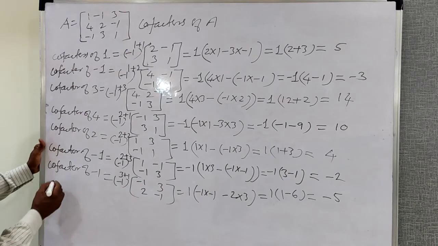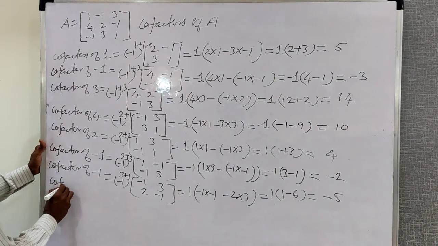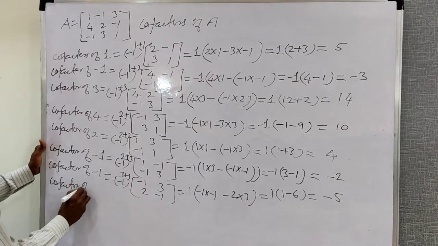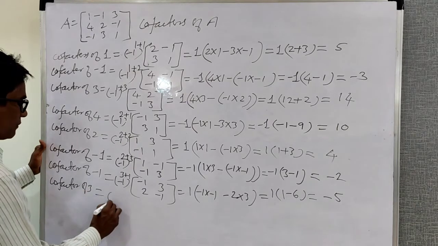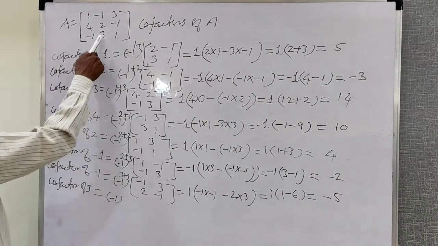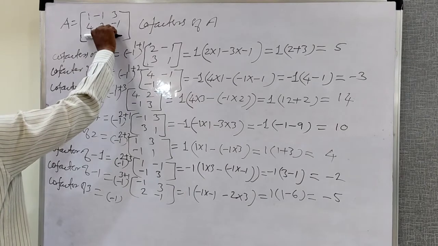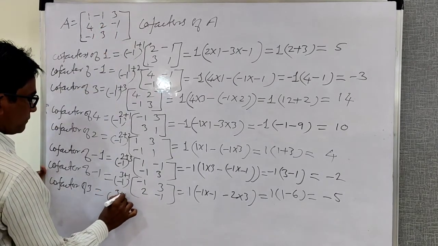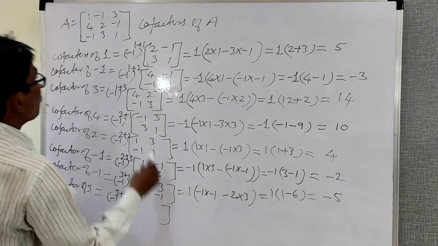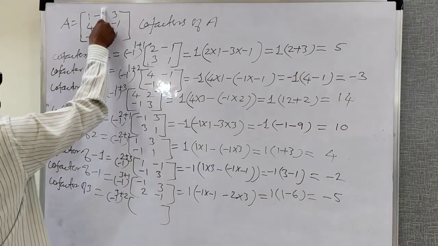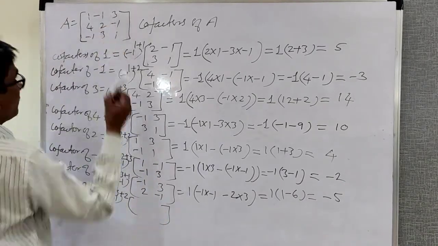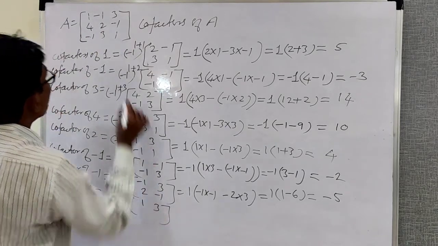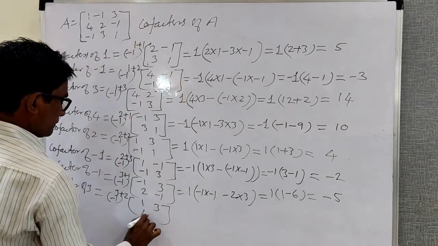Cofactors of 3. Equal to minus 1. This 3 comes in third row second column, and the cofactors are 1 3, 4 minus 1.